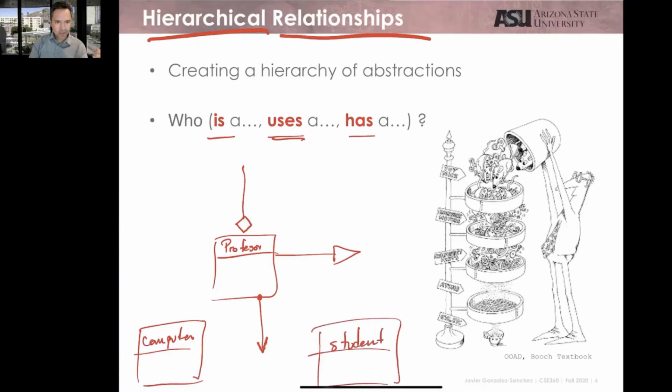What do we want to do? A student is a computer? Probably not. Student uses a computer, or student has a computer.